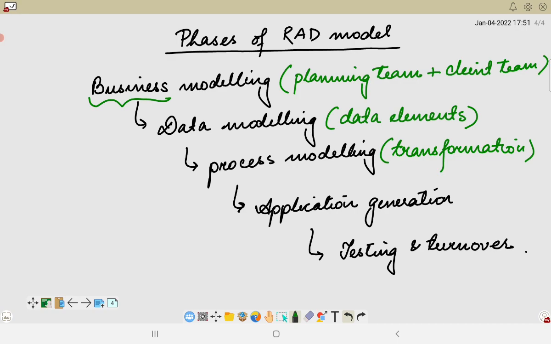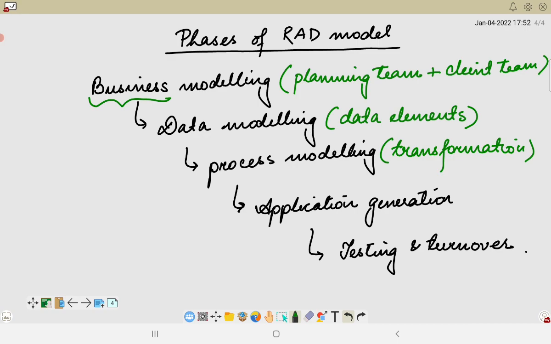And the process model for any changes or enhancement to the data object sets is defined in this phase. So if we need any changes as well, then we can model them in this particular phase.